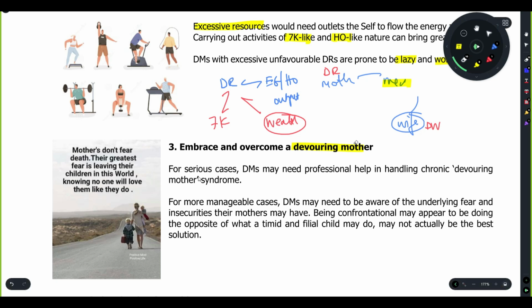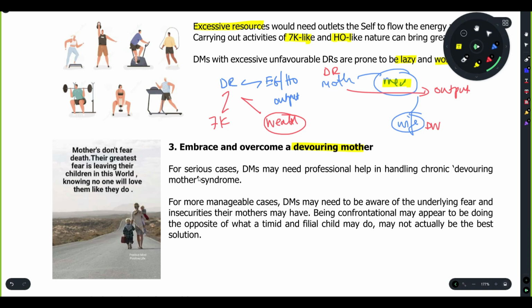And if the day master allows the mother to devour him or her, then the day master may not get to marry the person that he or she has chosen. It finds that there is a difficulty in flowing to the next part, because direct resource controls output.